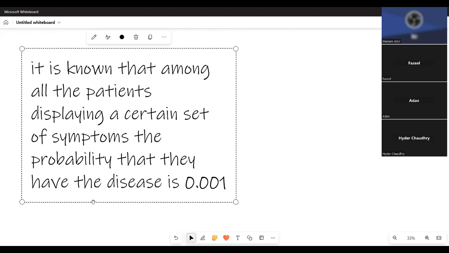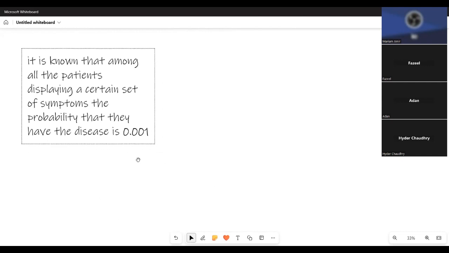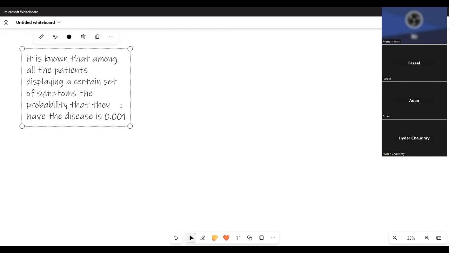This will take too much space, so let's make it smaller. A test for the disease has been developed.